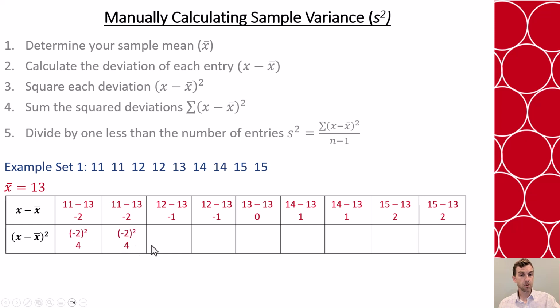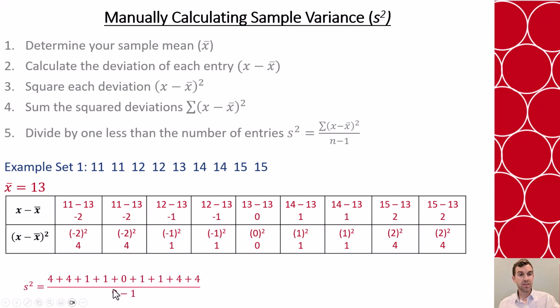So positive 4, positive 1, 0, positive 1, and positive 4. Now I add them all together. So I'm going to sum up. I'm going to add all 9 values and then divide by 9 minus 1. So that when I add these together, I get 20 over 8, which is 2.5.